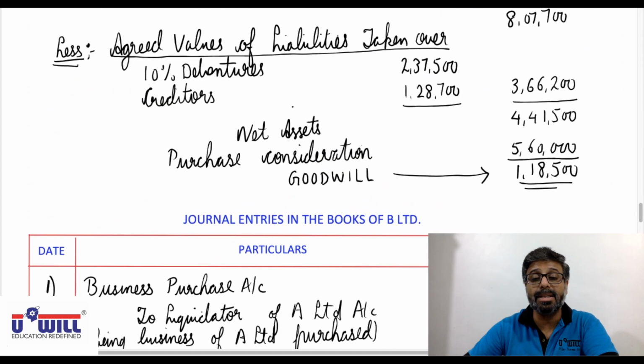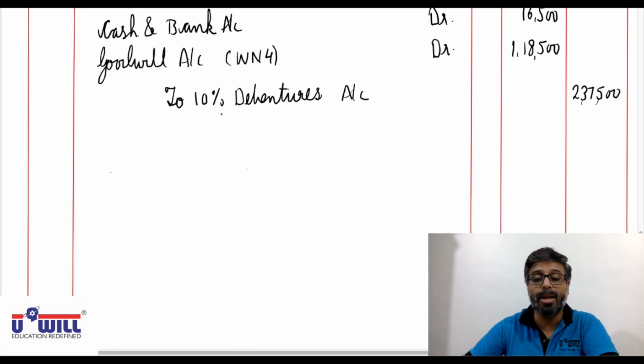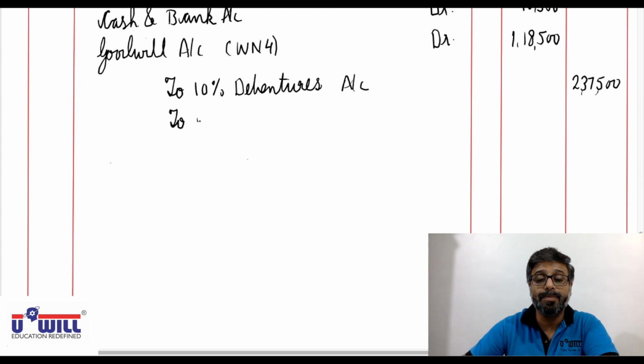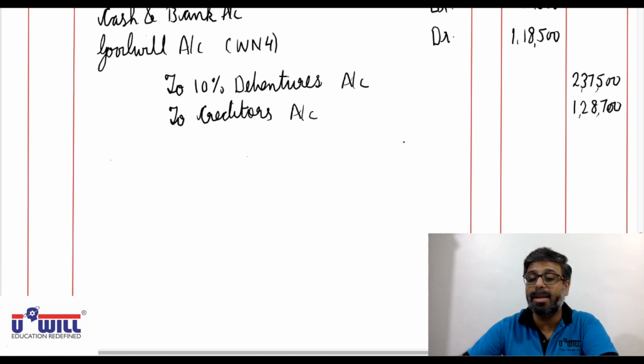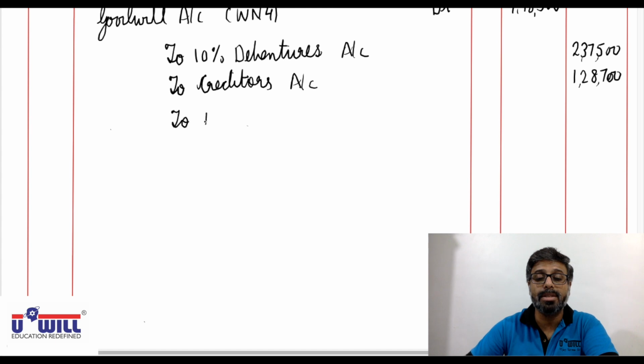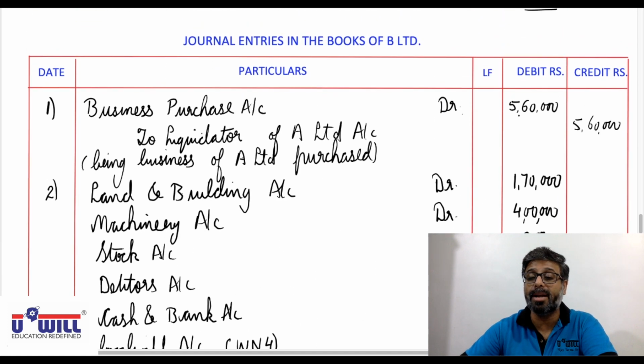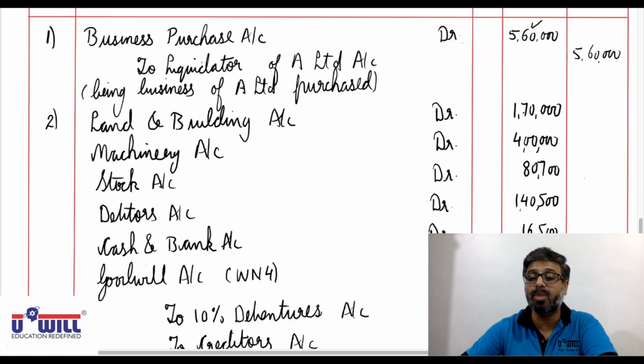Then after 10% debentures to creditors account 1,28,700. Okay, assets account debit to liabilities to business purchase. So to business purchase account with the purchase consideration, same amount what we debited earlier, 5,60,000 is what we have to credit.